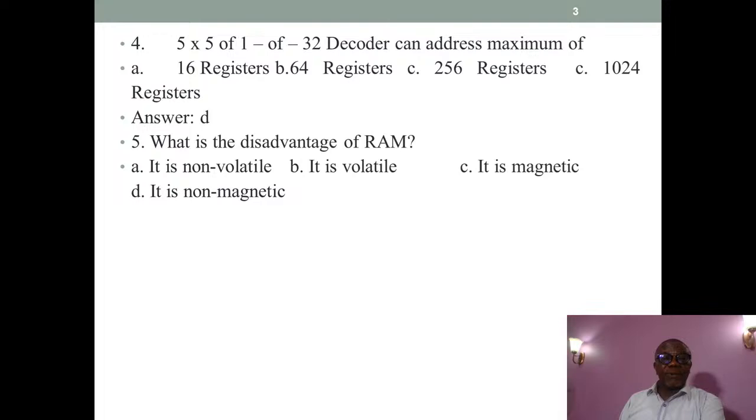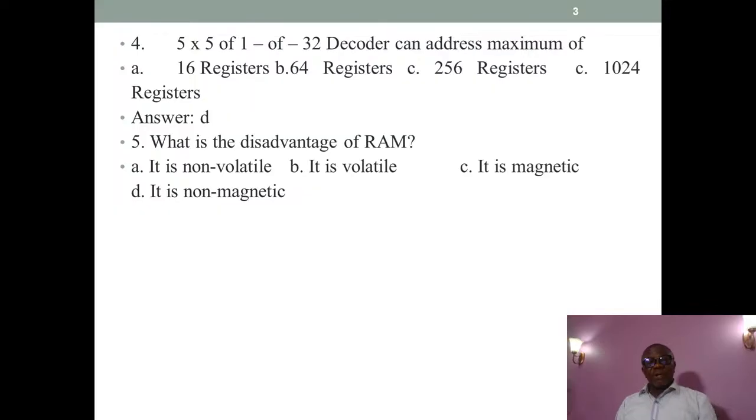And so now, what is the disadvantage of this RAM? A, it is non-volatile. B, it is volatile. C, it is magnetic. And D, it is non-magnetic.